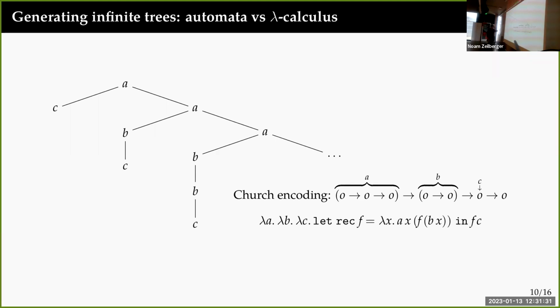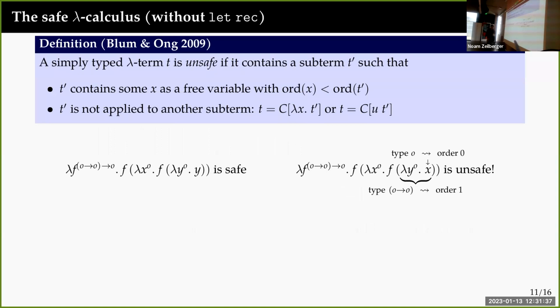So the idea is, if you want a fragment of the lambda calculus that corresponds to the simple higher-order pushdown automata model, you're going to define something like this. It's easier to define it negatively. What is an unsafe term?